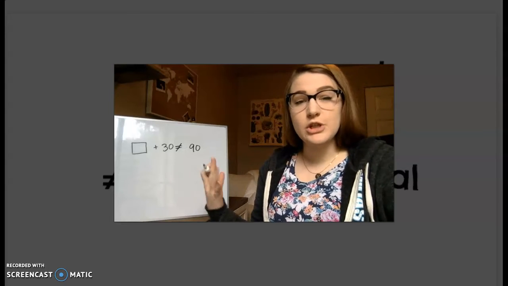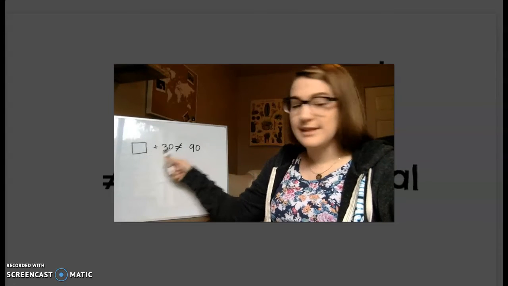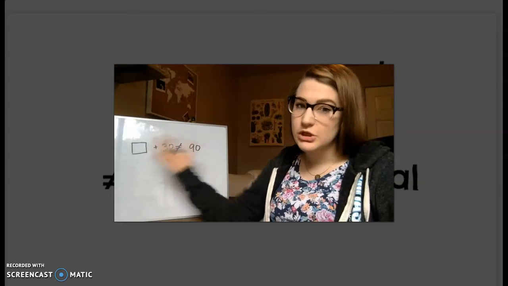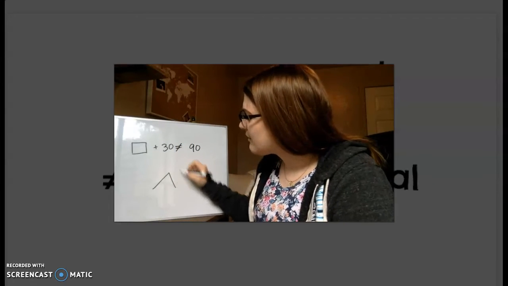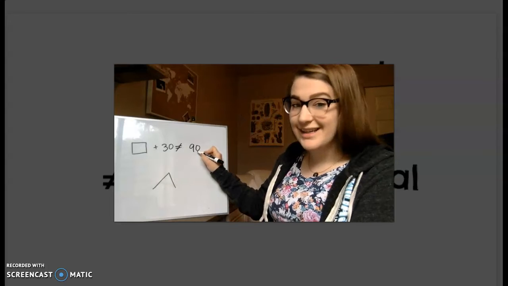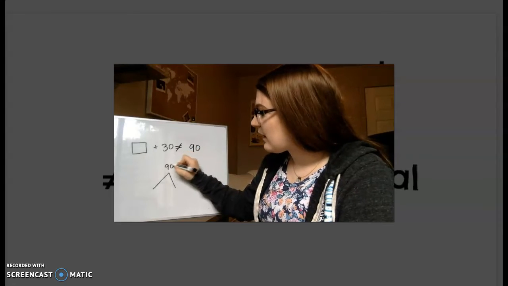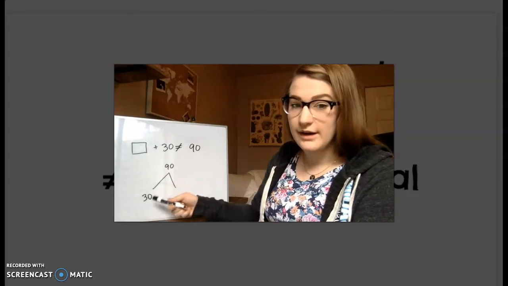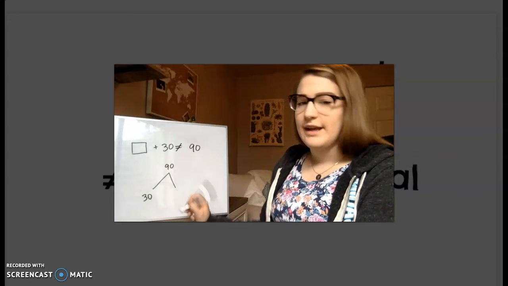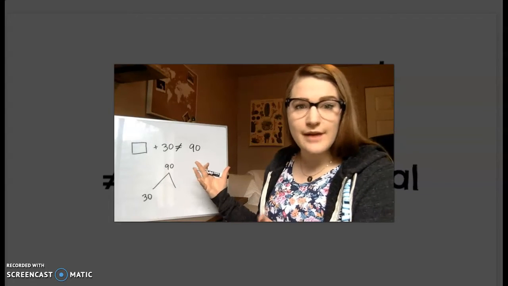So it might be helpful to know what plus 30 does equal 90, just so you can know to avoid that one number. So you can use your math mountain here. We know that 90 is going to be our total. 30 is one of our addends. And then our other addend, we don't know yet.